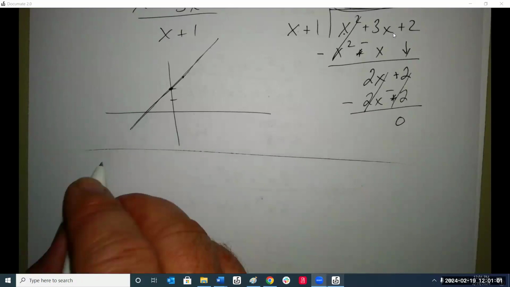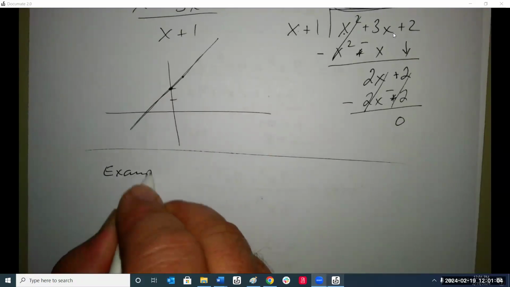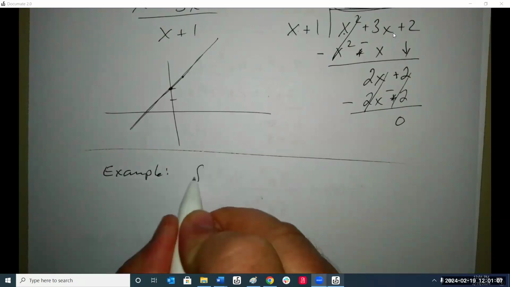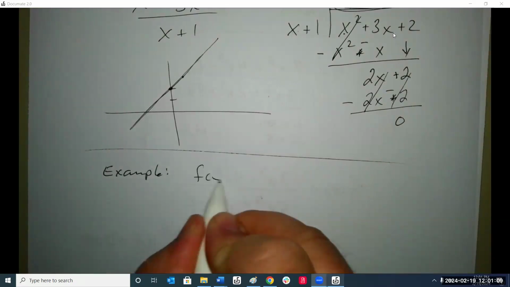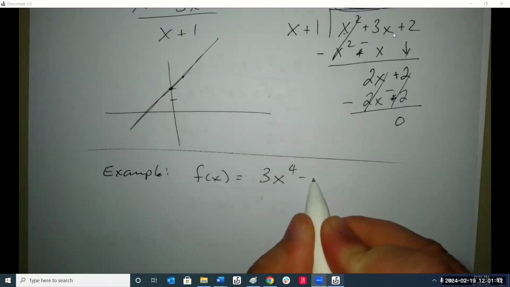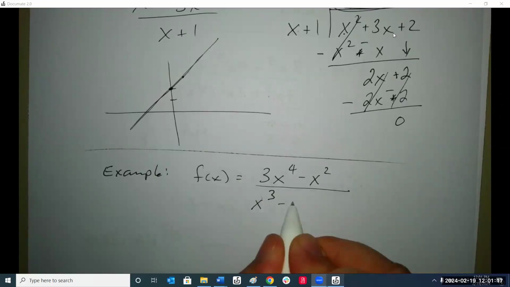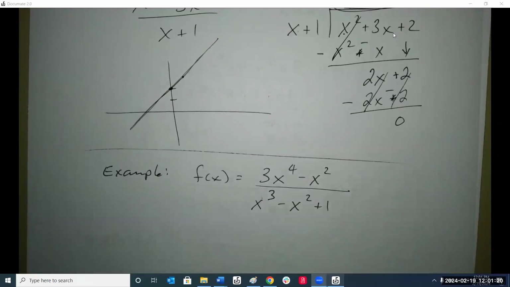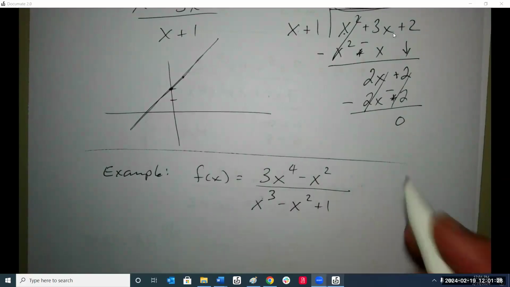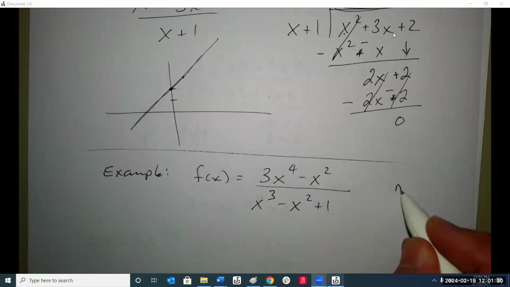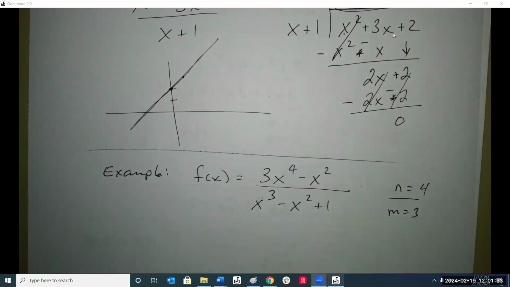All right, so here's an example. We see that for the top, n equals 4, m equals 3. Since n equals m plus 1, we have an oblique asymptote.